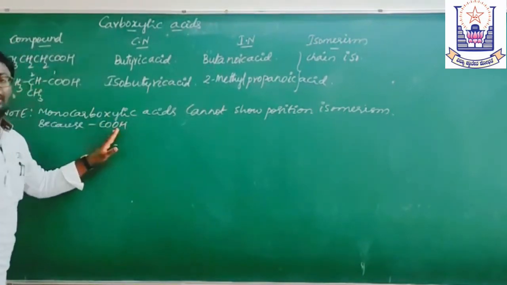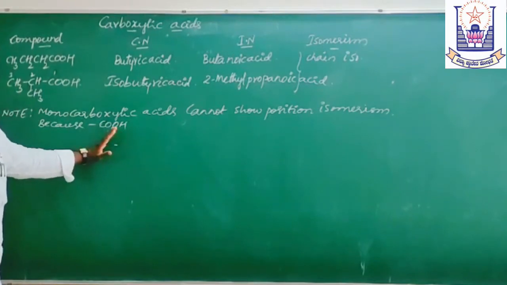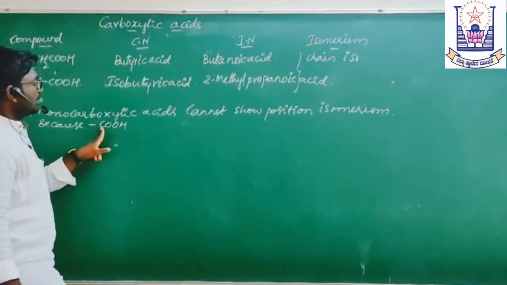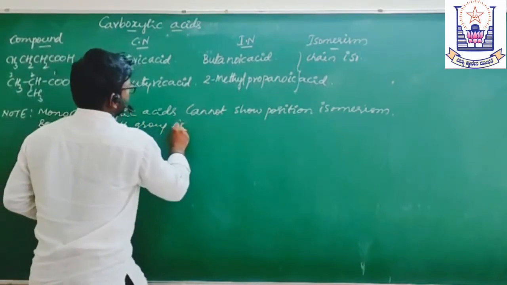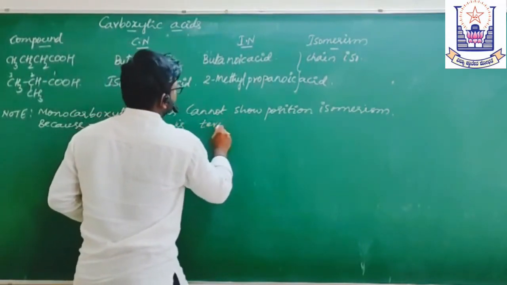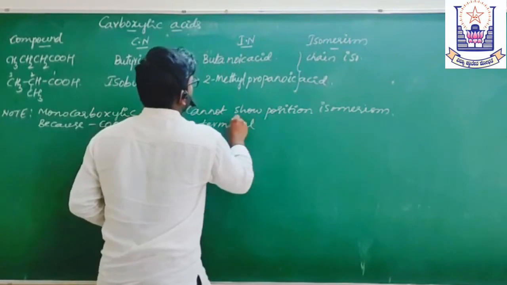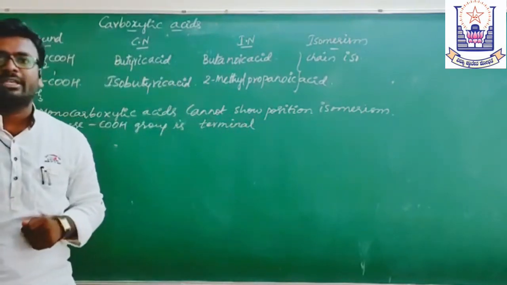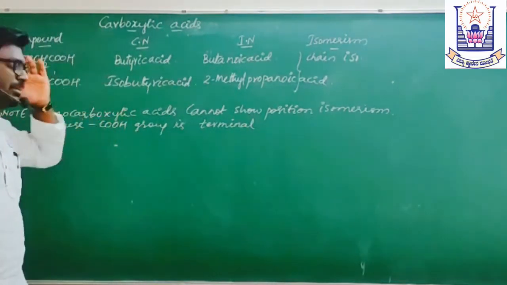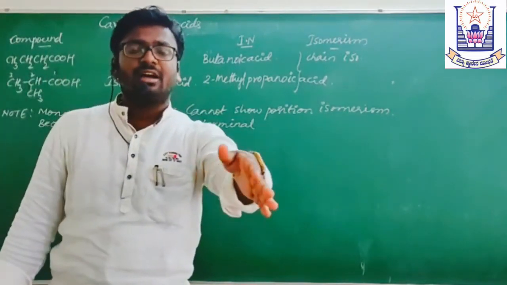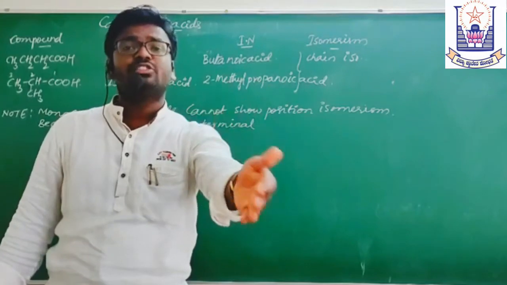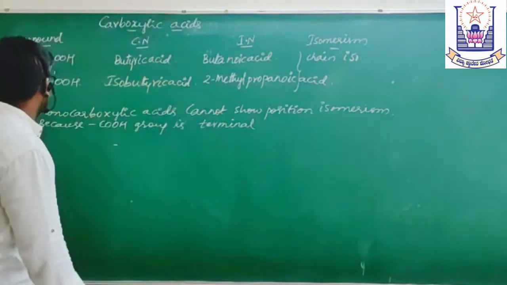This COOH group is called carboxyl. Because the carboxyl group is terminal, there is no position isomerism. And keep in mind that carboxylic acids are functional group isomeric with esters.